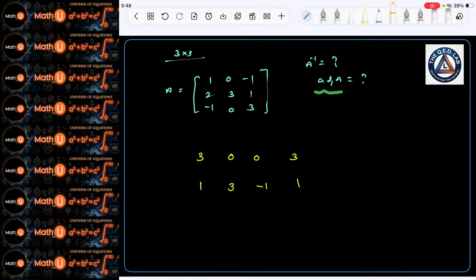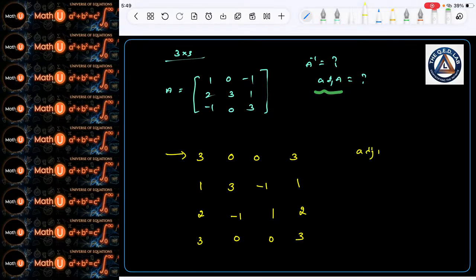Again the same process you repeat here, middle element 2, that below element minus 1, and the above element 1, and same element 2, and copy the same row here again 3 0 0 3.